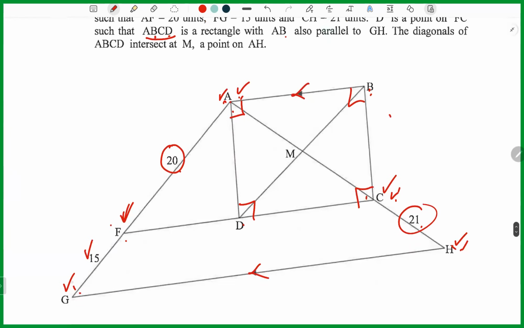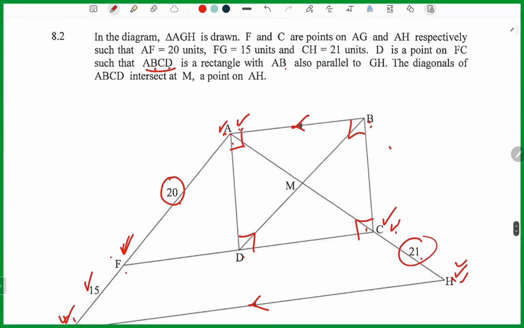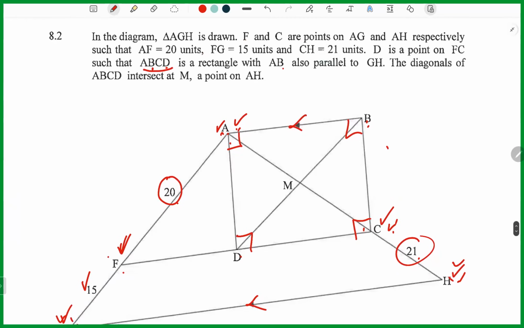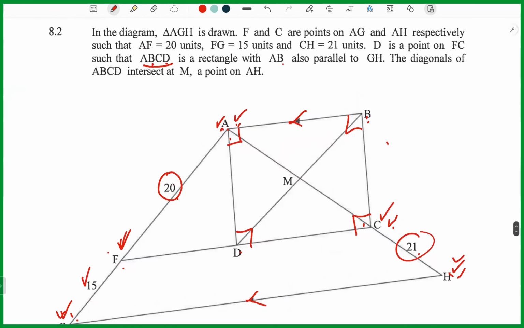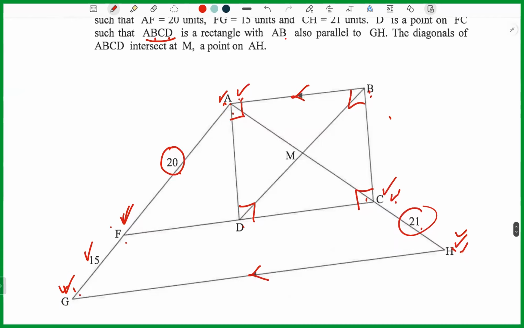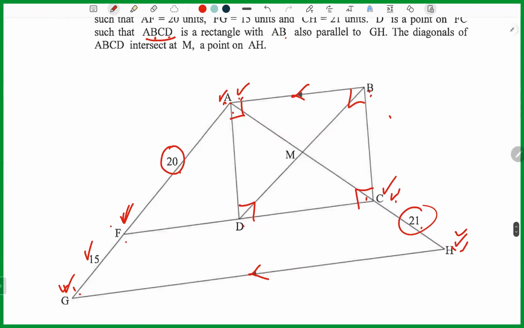The diagonals of ABCD intersect at M. So at this point, we are looking at the diagonals of ABCD, and they intersect at the point M.